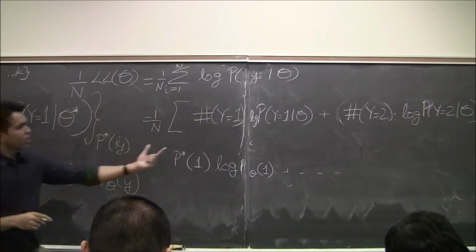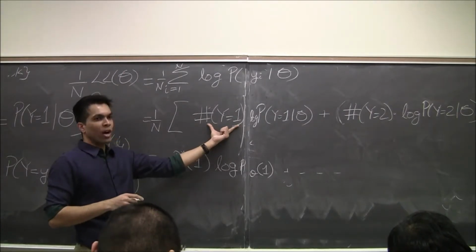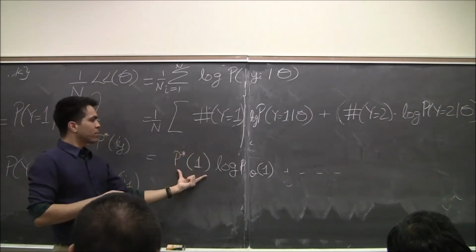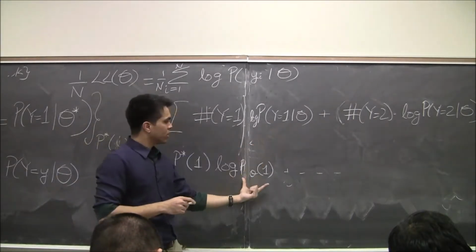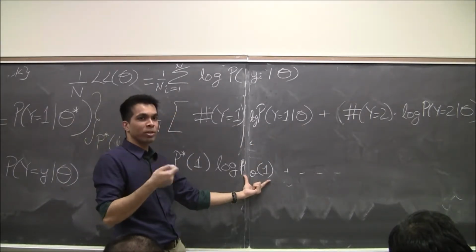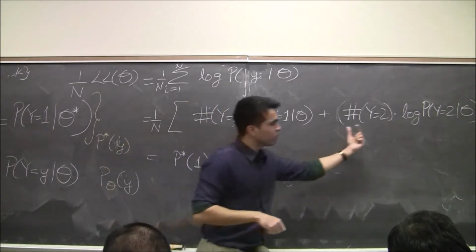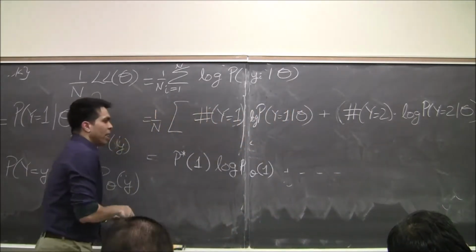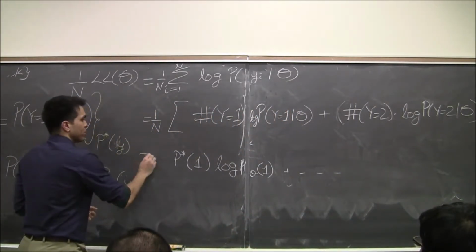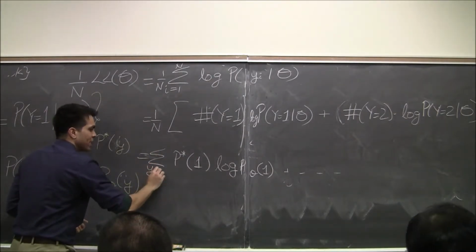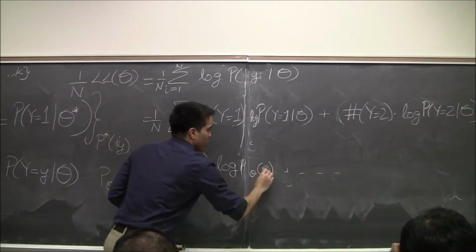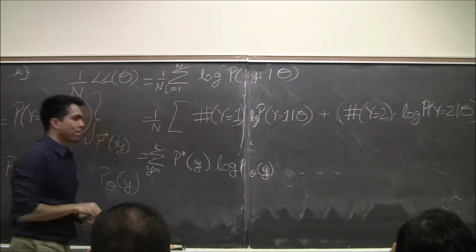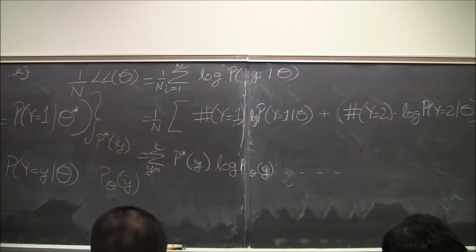Does that make sense? The count of y equals 1 divided by n becomes the true probability: how many times am I supposed to see 1? Times how much probability my model is assigning to the state 1. Plus all the same. And I can write this as a general summation over all possible states, y equals 1 to k, p star of y log p theta of y. Make sense?